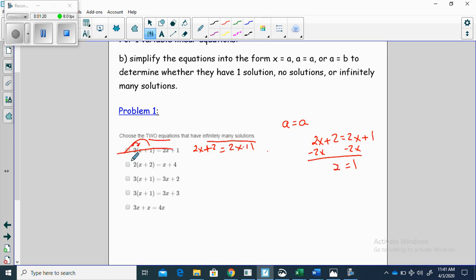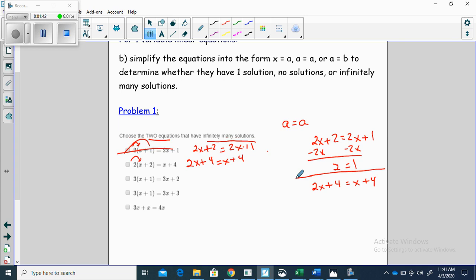Let's try this one. I've got 2x plus 4 is equal to x plus 4. Okay, well, if we work that out, 2x plus 4 equals x plus 4.